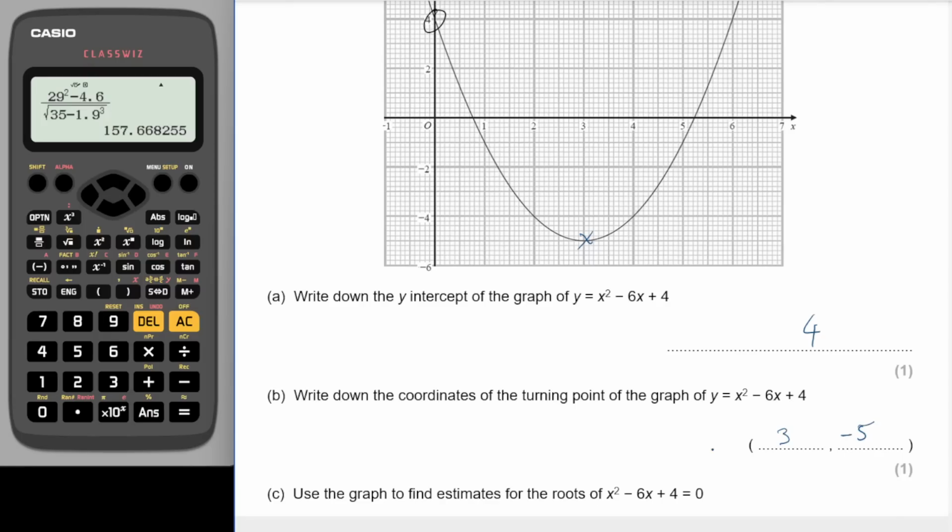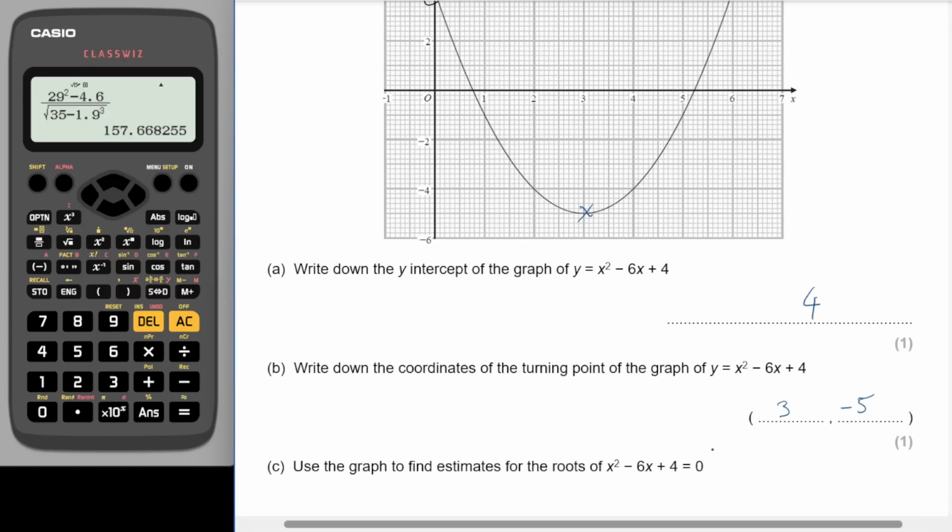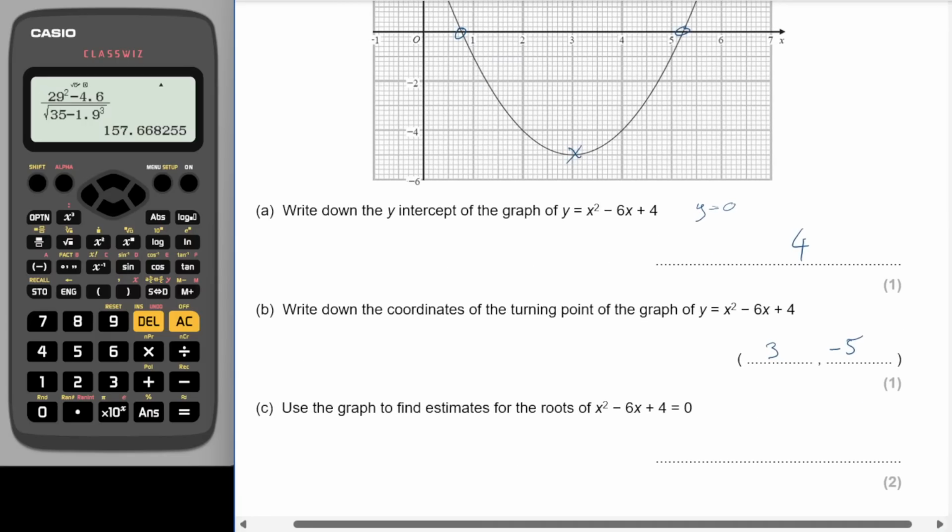And then write down an estimate for, and again, like the one that we did earlier, we're comparing this equation with y is equal to 0. So we're looking at this coordinate here and here. So x would be equal to 0.75 and 5.25.